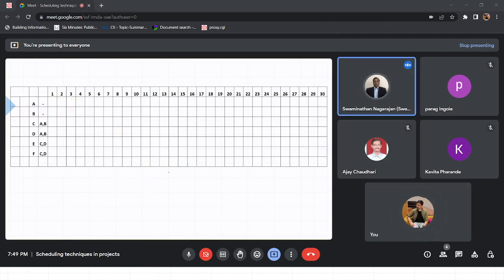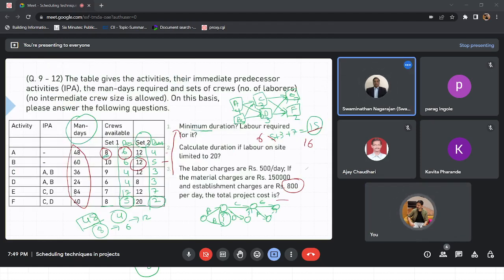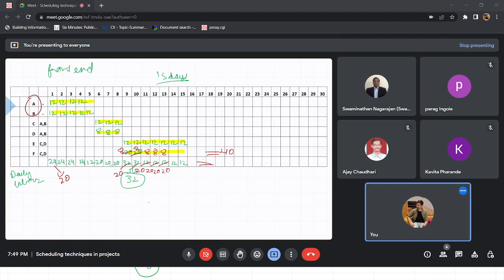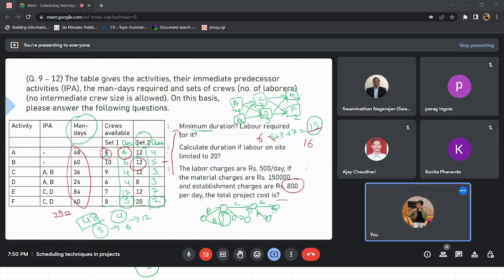So from this, let's total these values: 18, 6, 14, 14, and 4, that becomes 292. So the total cost becomes 292 into 500, plus the material cost of 1,50,000, plus 15 into 800. 800 was our establishment charge.